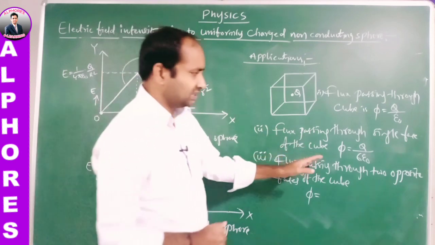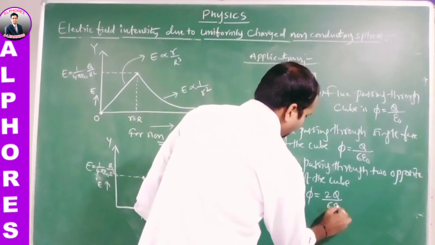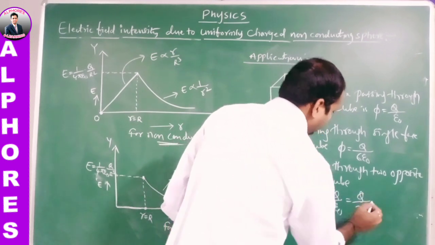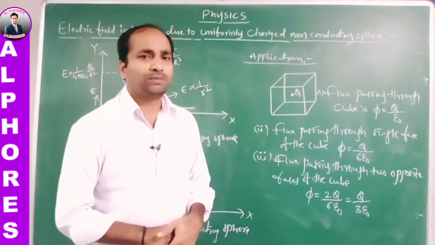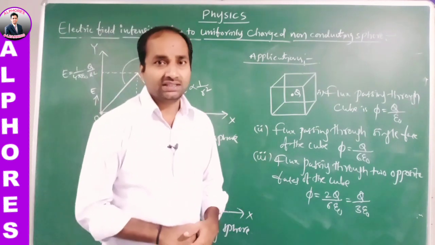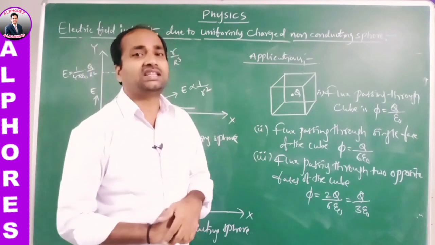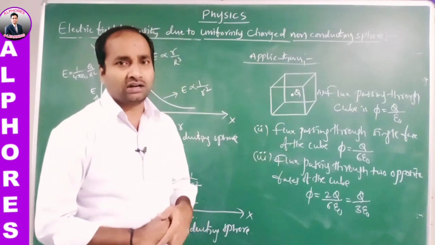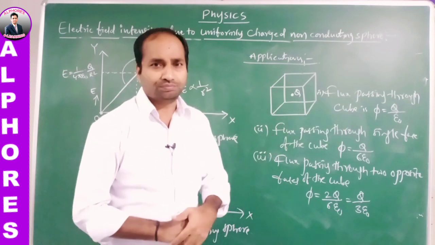Two faces means 2q by 6 epsilon naught, that is q by 3 epsilon naught. Similarly, the flux through 3 faces is 3q by 6 epsilon naught, that is q by 2 epsilon naught, half of the flux passing through the cube.